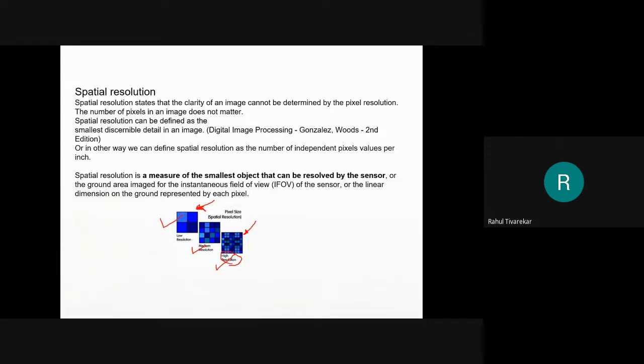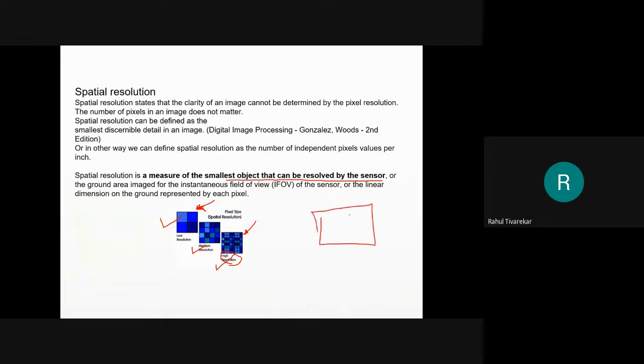The spatial resolution is a measure of the smallest object that can be resolved by the sensor. Another definition of spatial resolution is the smallest dimension of the object that can be captured by an individual pixel. For example, suppose this is an image.